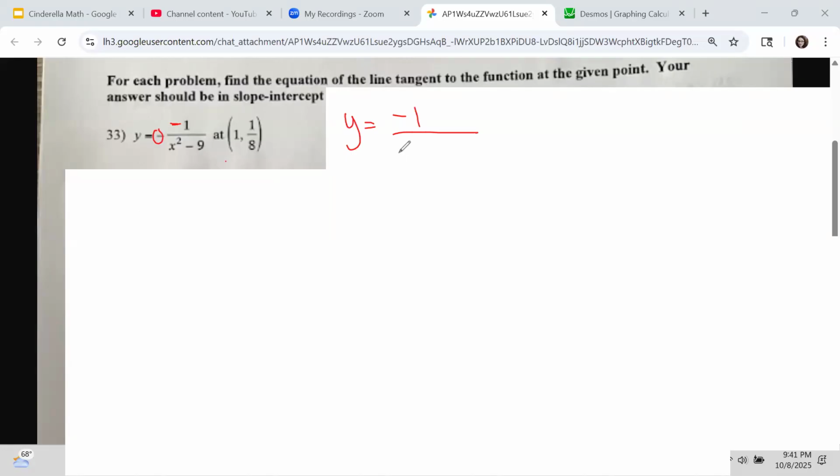Negative 1 over, isn't this just x squared minus 9 to the first, right? We don't usually write to the first, but it's there. And then let's bring that back upstairs. So that was really negative and it got sent down. So our function is negative 1 times x squared minus 9, all raised to the negative 1. That is just the function, the y, rewritten.